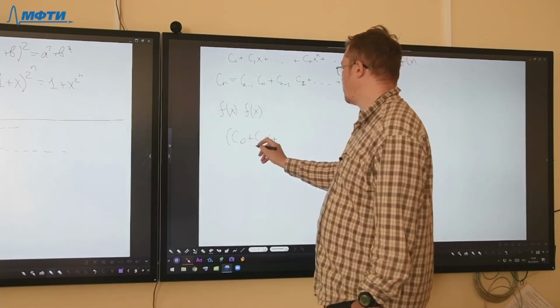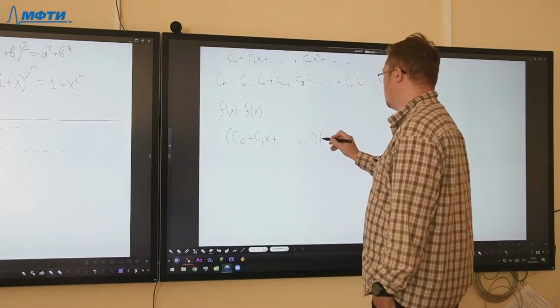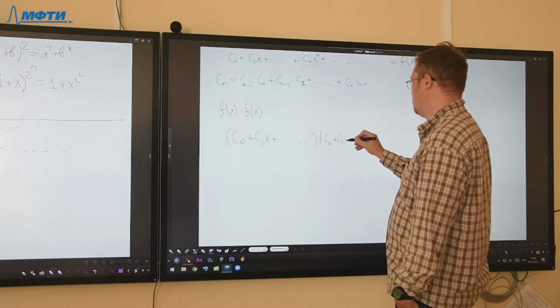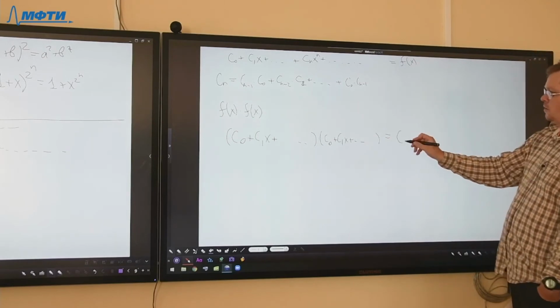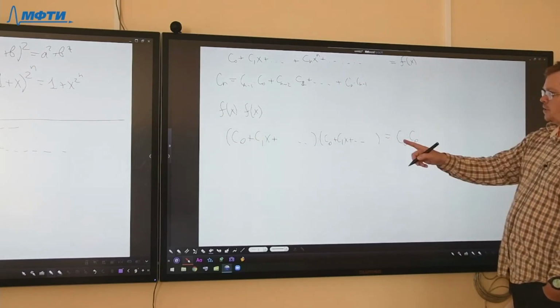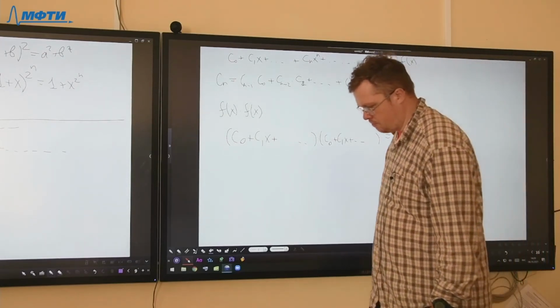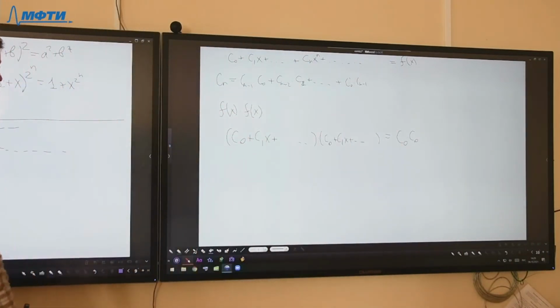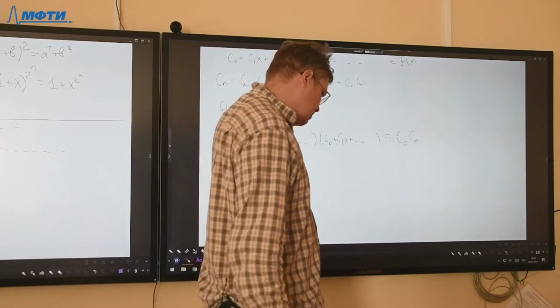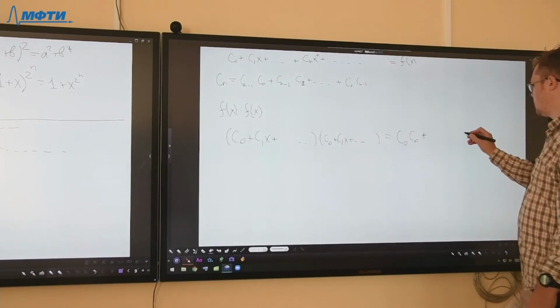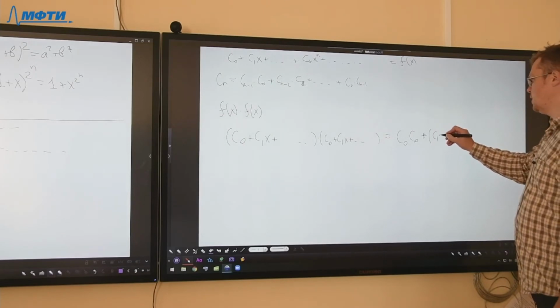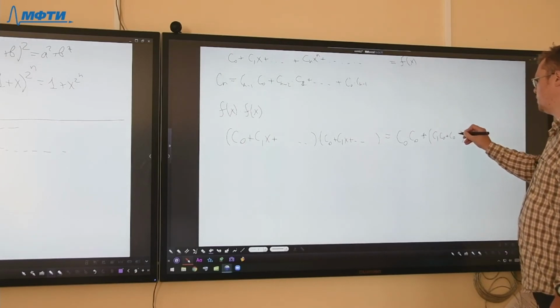how can I calculate this one? I will have C0 times C0 as the term without x. Then I will have x times (C1 C0 plus C0 C1).